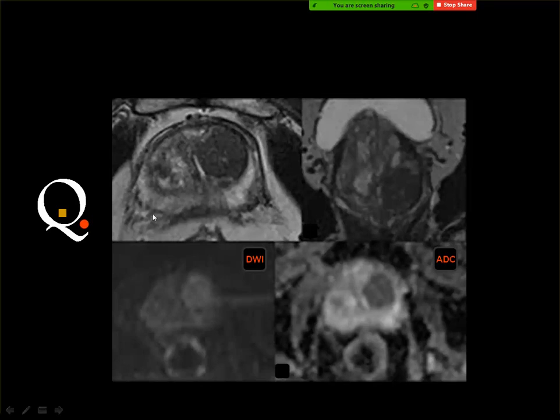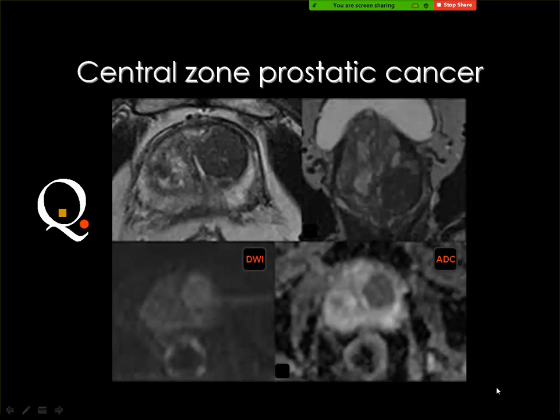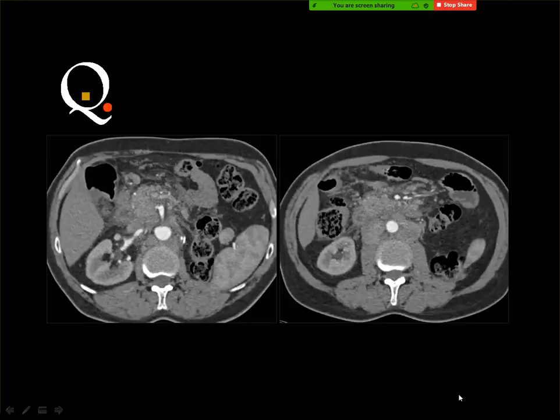The peripheral zone is free, and in the central zone you have this lesion of low signal on the T2 weighted image, with diffusion restriction: brightness in the diffusion weighted image and darkness in the ADC. The diagnosis of central zone prostatic cancer is the right answer. Most prostatic cancer is located in the peripheral zone, but sometimes you get prostatic cancer in the central zone.